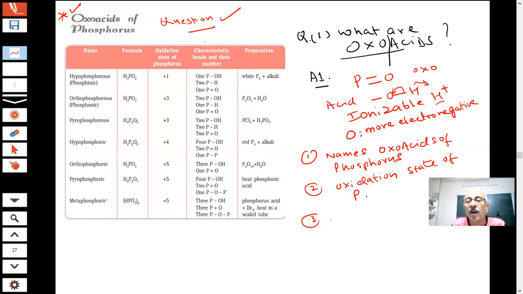Third, I have to see what type of bonds are there.